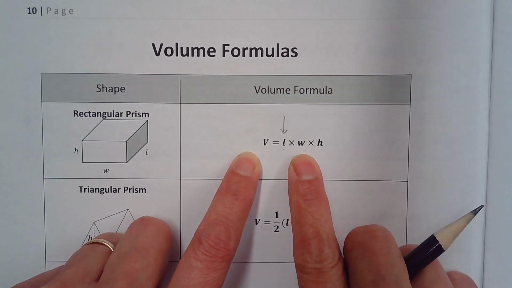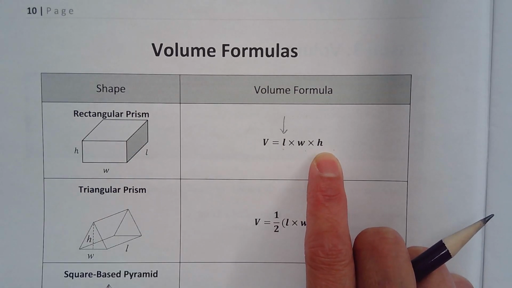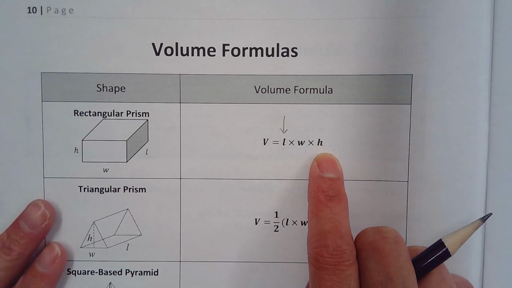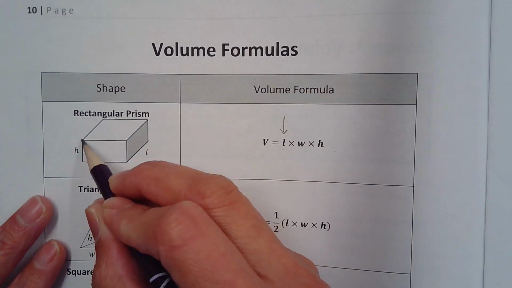What do you think the W is? Wide, how wide it is, right? And the height. So we know those are the three things that we need to know to figure out how much stuff can be put in the box. You need the length, the width, and the height, right? So length, width, and height.